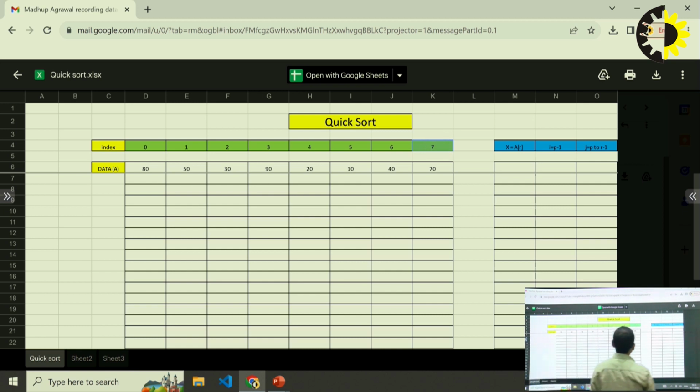First position is indicated by P, last position indicated by R. We will choose the last position element as pivot element, which is 70. We put the A[R] data, meaning the last element, into the variable X. So here this is 70.